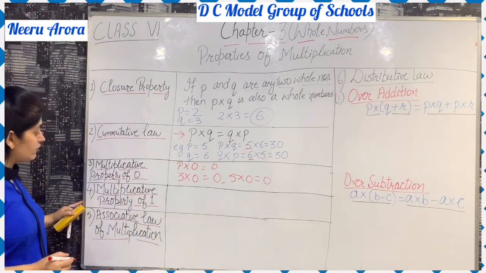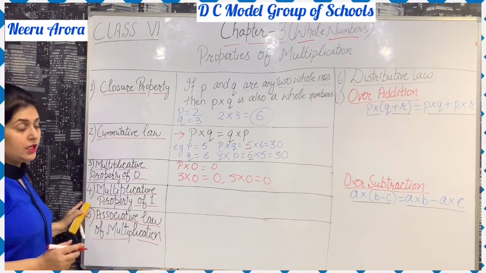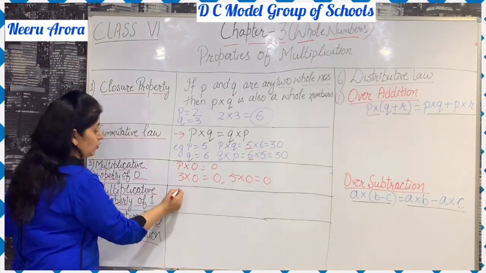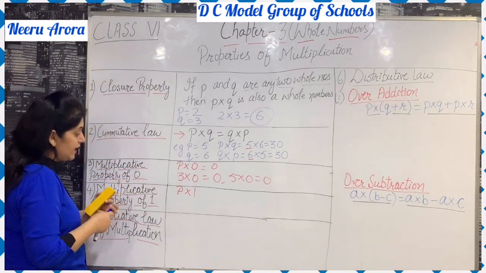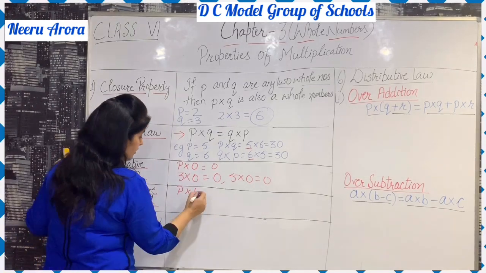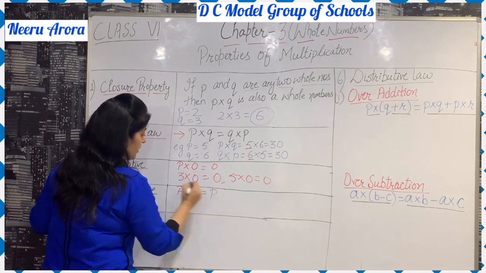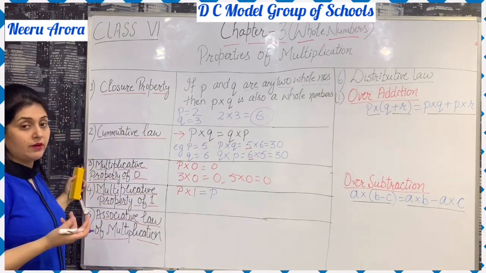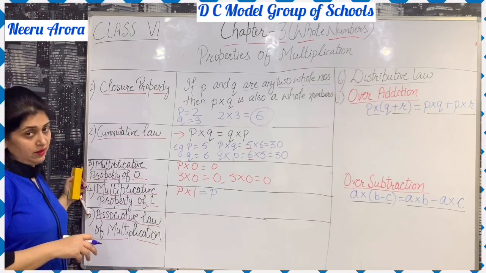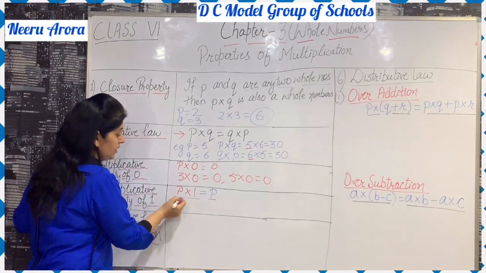Next, the multiplicative property of 1. If we multiply any whole number P by 1, we get P. It means if we multiply any whole number by 1, we get the number itself.